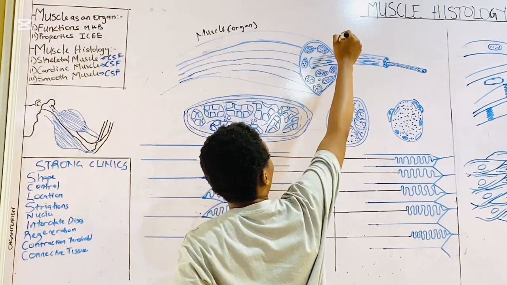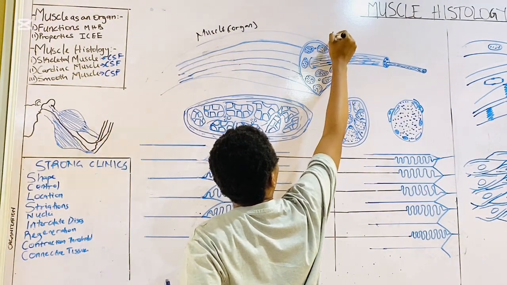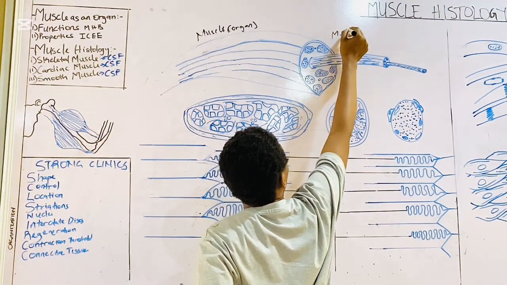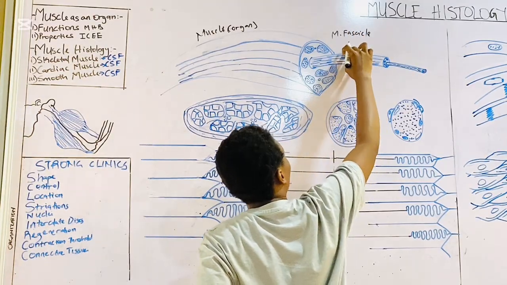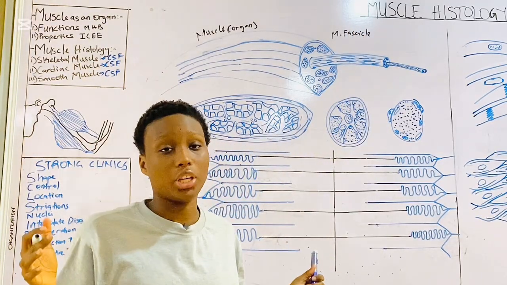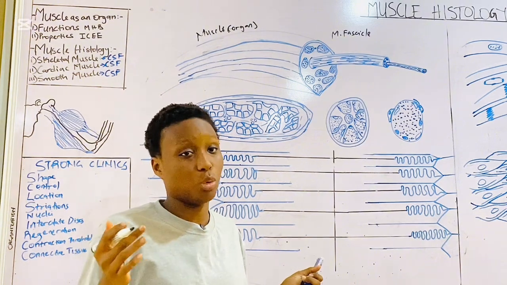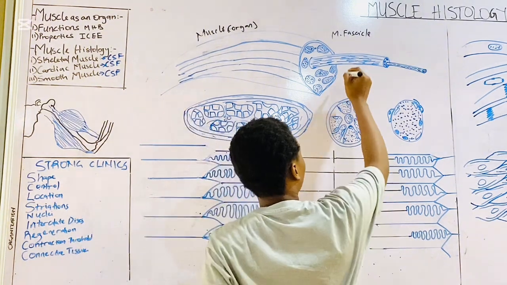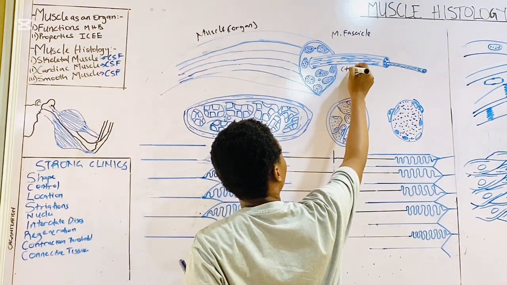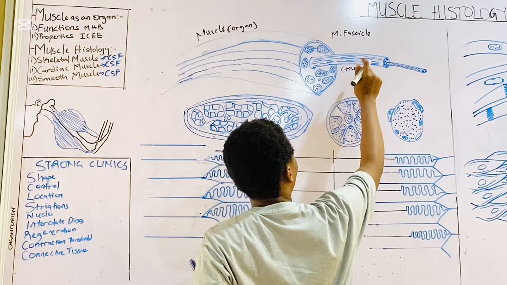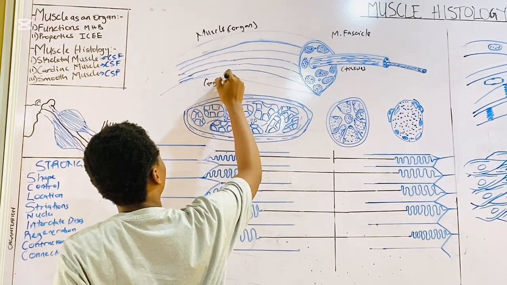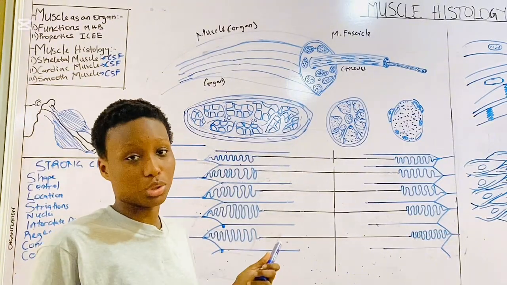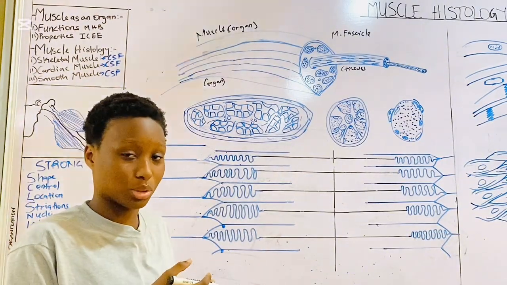So this is our muscle fascicle. It's a bundle of cells, and it's going to be our tissue. So tissue. Remember, the organ contains bundles of tissues.